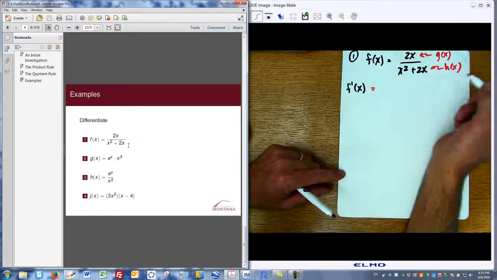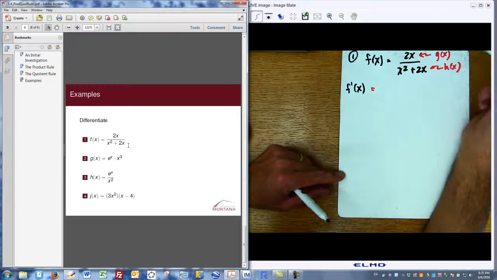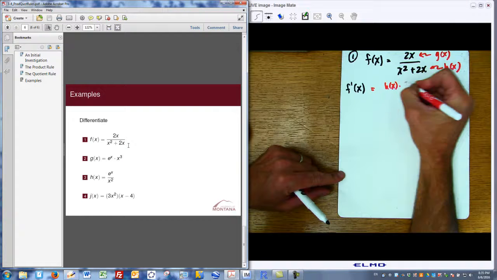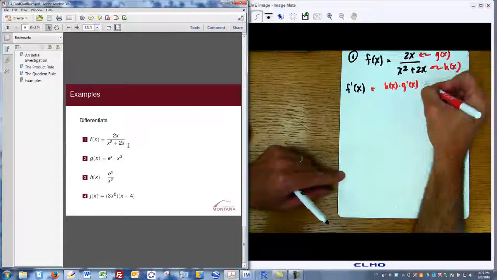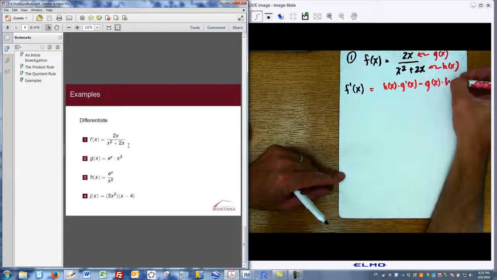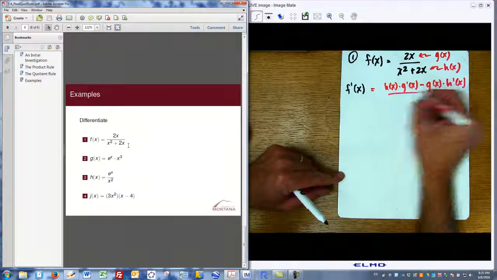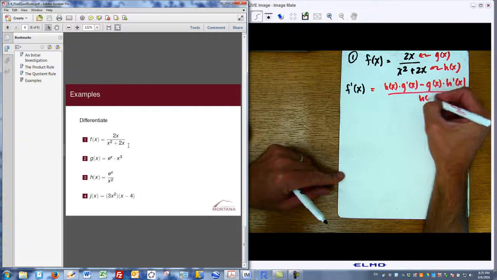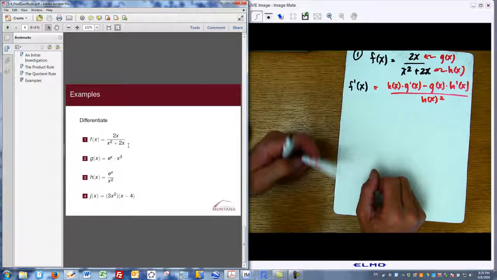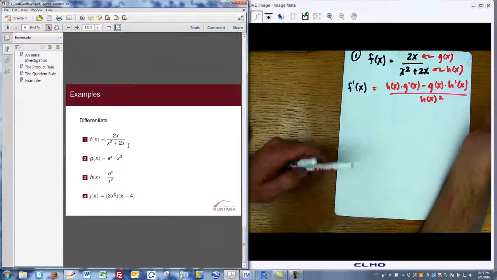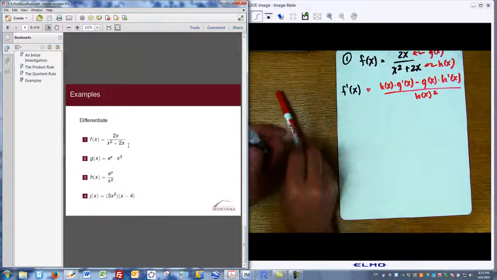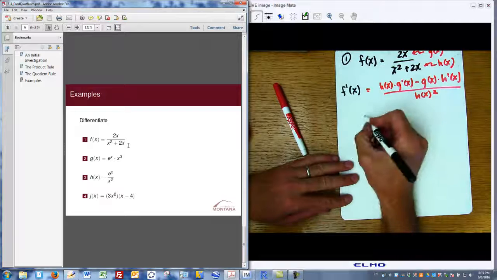So in your mind, you should be thinking, okay, it's a quotient function, so it's the bottom times the derivative of the top, so h of x times g prime of x, minus the top, g of x times the derivative of the bottom, h prime of x, all over the bottom squared, so h of x quantity squared. So that's what the quotient rule would say with the labeling system adopted.